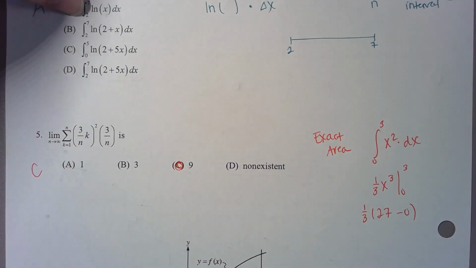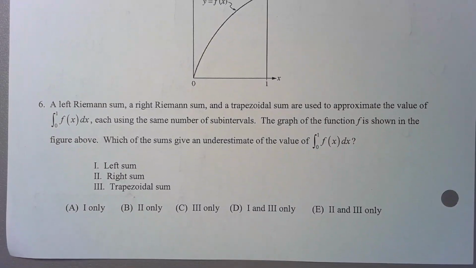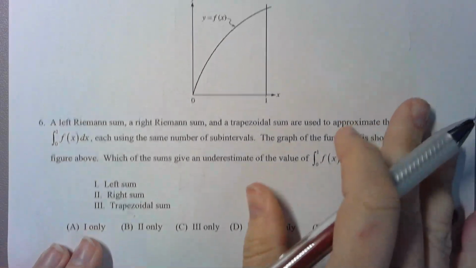All right, let's take a look at question 6. Oh, let's see. They are telling us that a left Riemann sum, a right Riemann sum, and a trapezoidal sum are all used to approximate the value of this integral. Which of the sums gives an underestimate? Kind of already had this conversation, right?